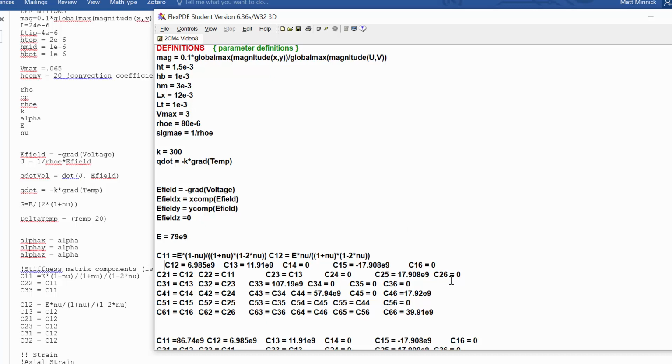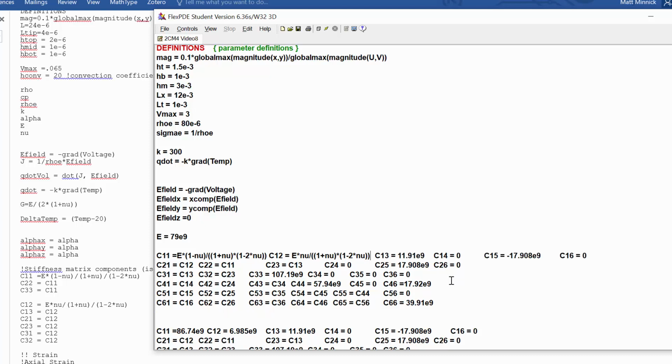Then fill out the rest of these components appropriately. C12 we've just defined up there. C13 is going to be the same as C12, and we'll make the shear ones all 0.